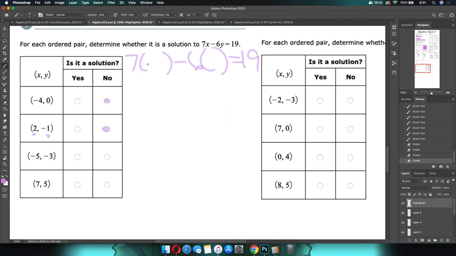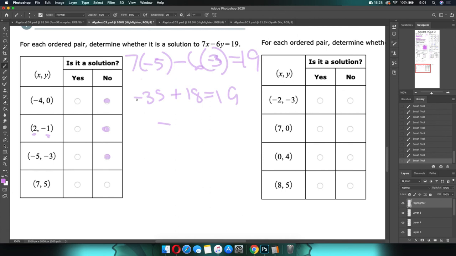All right. What are the next numbers that they give us? We have negative 5 and negative 3. So 7 times negative 5 is negative 35. Oof, I don't like the look of that. Double negative is a positive, so that's going to be 18 equals 19. Those are opposite signs, so it's going to be negative something, and we're looking for positive 19. I can cheat a little bit here because I'm starting to get to the point where I can look ahead.